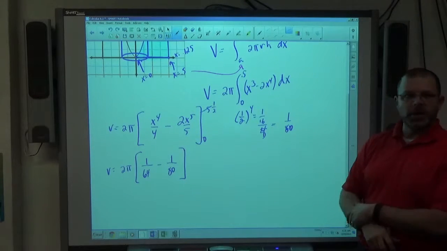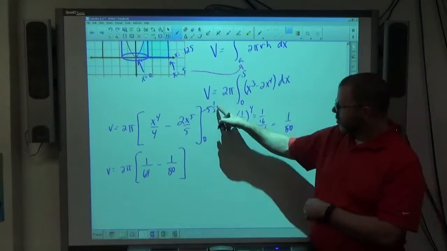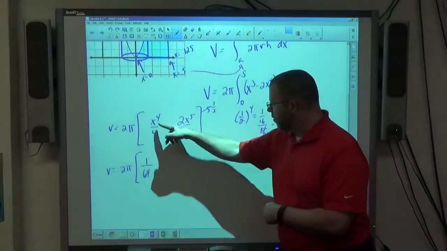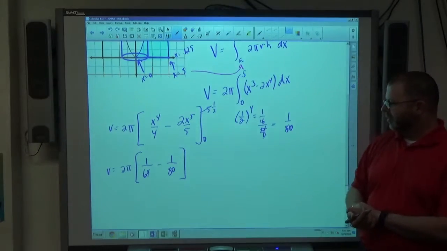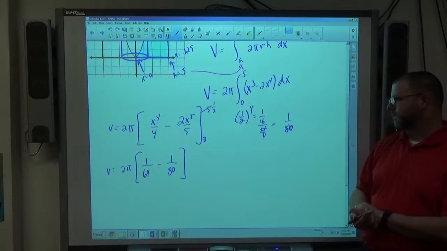And then put 0 in, you get 0 minus 0. So 1/2, 1/2, got them. 0, 0, subtract. You're subtracting 0, so it's not doing anything. Common denominator 64 and 80 would be 320. Yeah, 320.